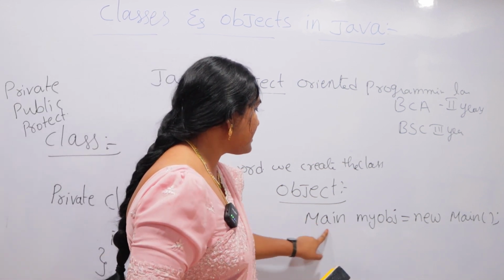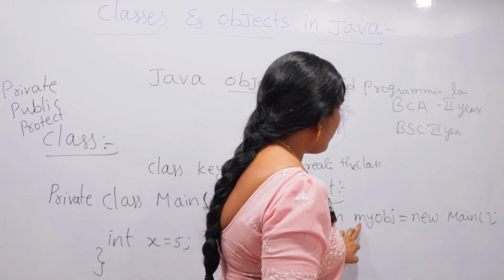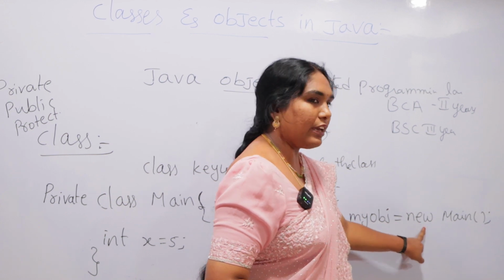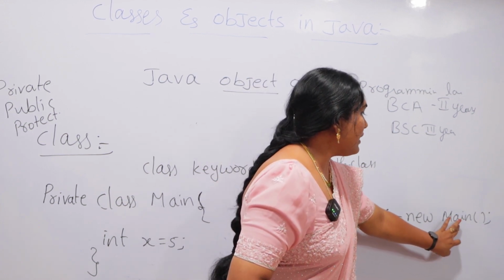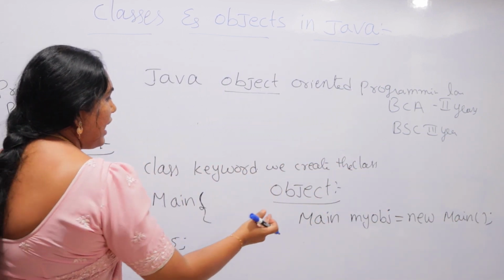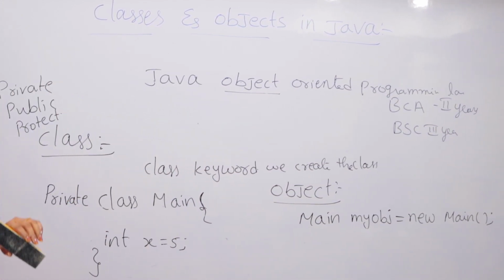By using the class name, Main, and then the object name, myObj, is equal to, using the keyword new, and then Main(), it is the method. Simply you can call it the constructor, the default constructor. And here, what is the use of myObj? Let us see.